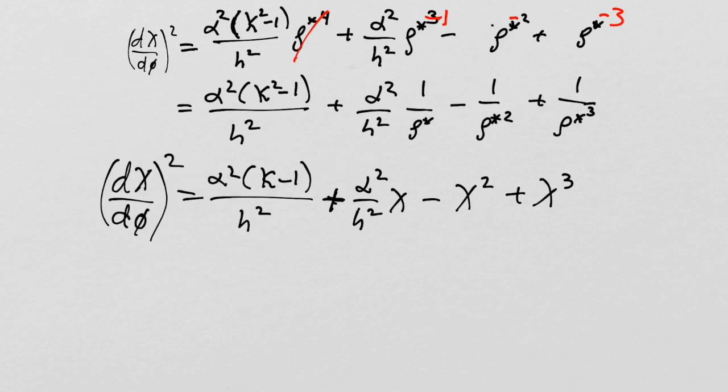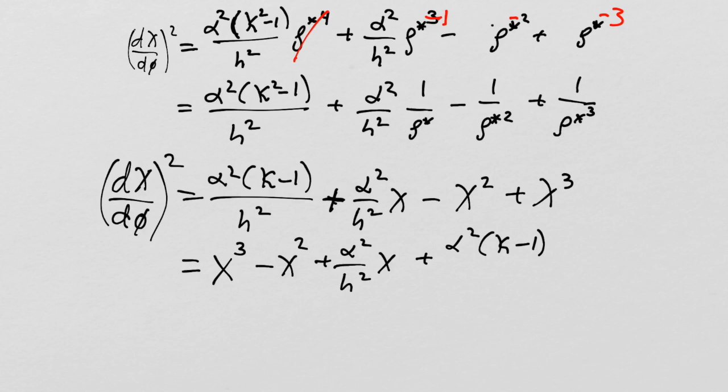Okay, so now I will write it in. Now we'll clean everything up a little bit by making sure our leading term is the largest power. Alpha squared over h squared chi plus alpha squared. This is our constant term, which is still dimensionless, over h squared.